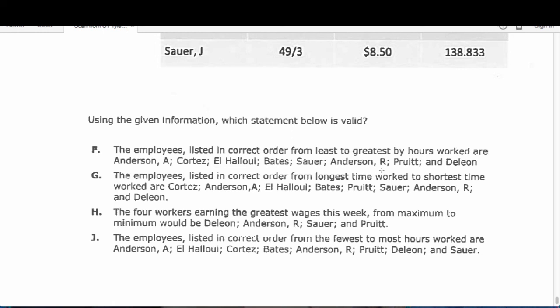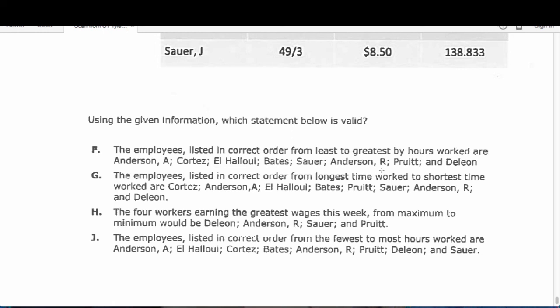G. The employees listed in correct order from longest time worked to shortest time worked are Cortez, Anderson A., El Haloui, Bates, Pruitt, Sawyer, Anderson R., and DeLeon.